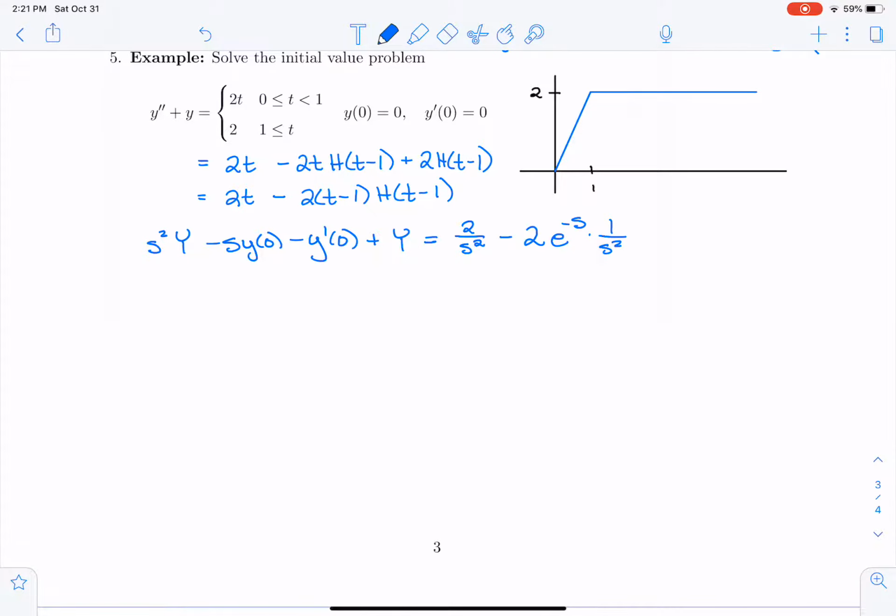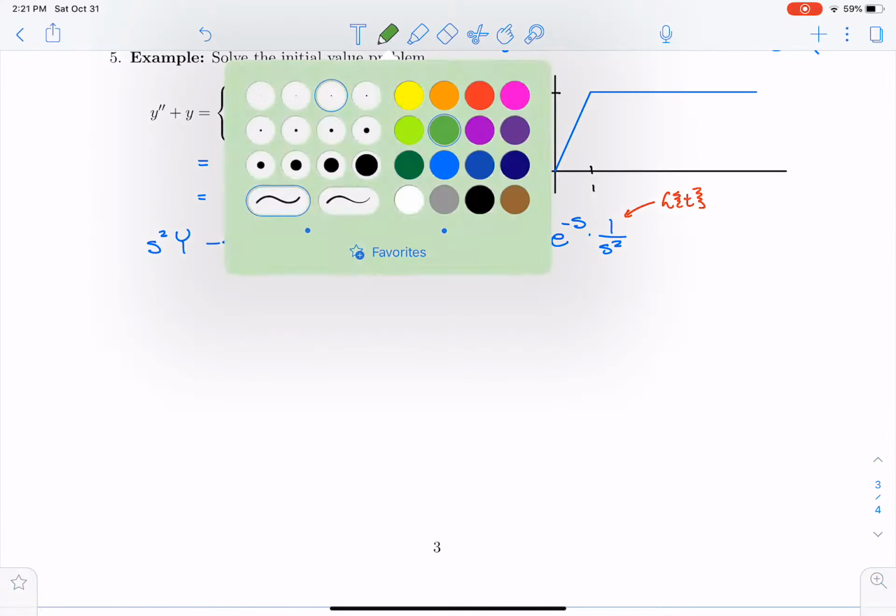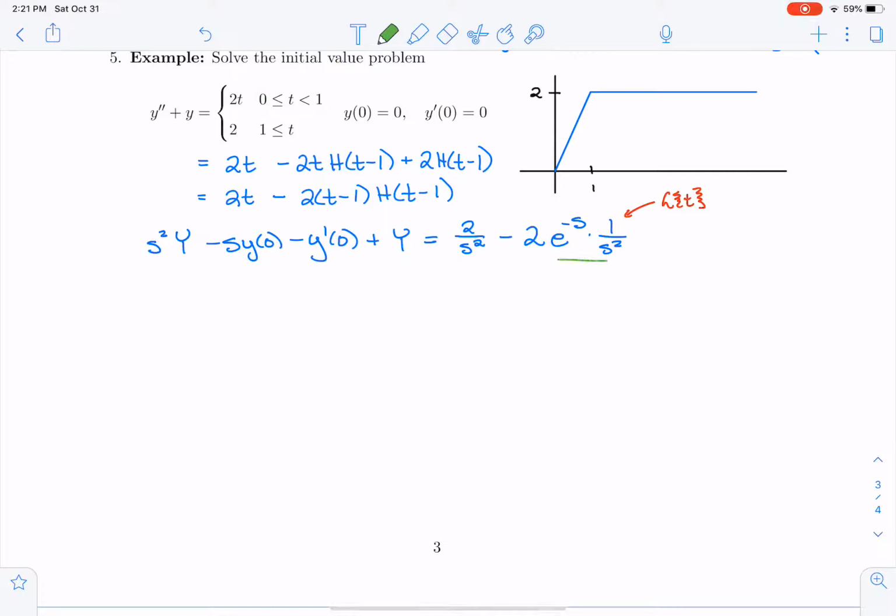So here, let's be careful to point out that the 1 over s squared part is just the Laplace transform of t. But when I'm looking at the whole thing here, e to the minus s times 1 over s squared, that's the Laplace transform of t minus 1 times h of t minus 1.